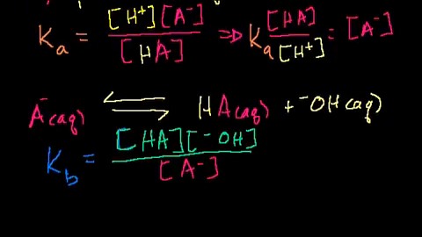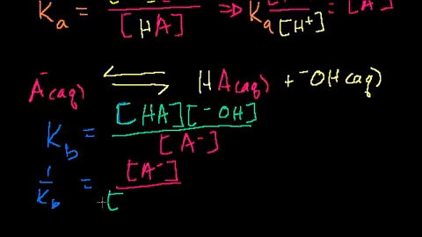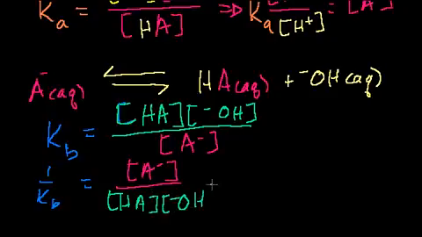is equal to your concentration of your conjugate base, A minus. And let's do the same thing here, solve for A minus. To solve for A minus here, we might have to do two steps. If we take the inverse of both sides, you get 1 over Kb is equal to A minus over the concentration of my conjugate acid times the concentration of hydroxide.